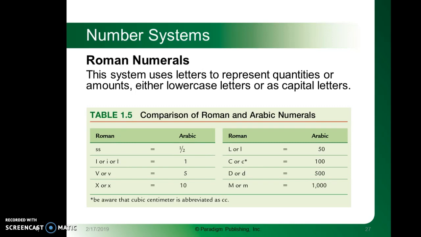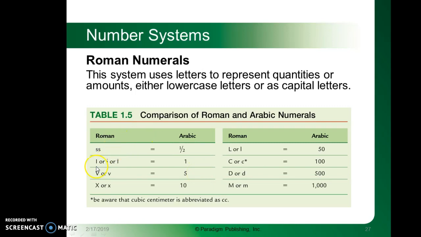So SS will signify half. If you ever see a quantity of VSS, V stands for 5, and SS is half, so that would be 5.5. So you're probably giving 5.5 of a medication.